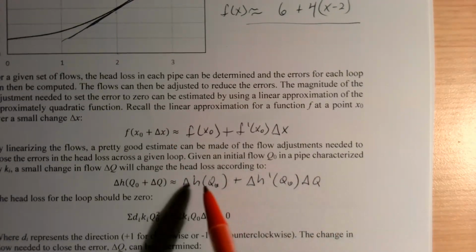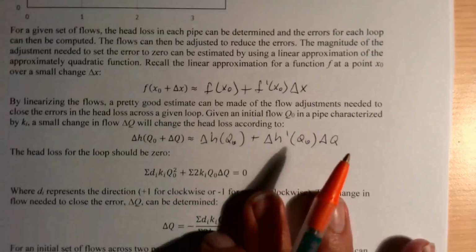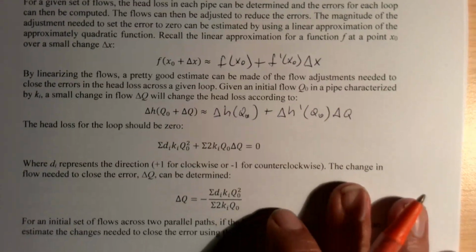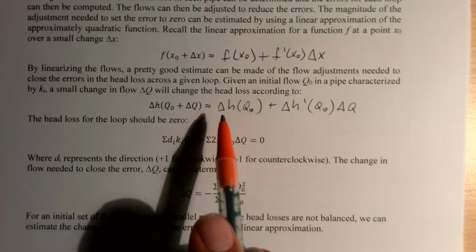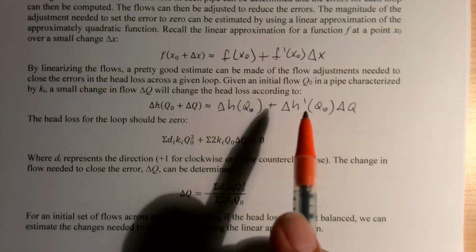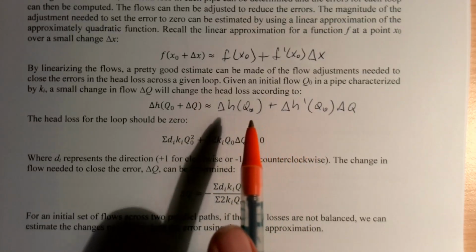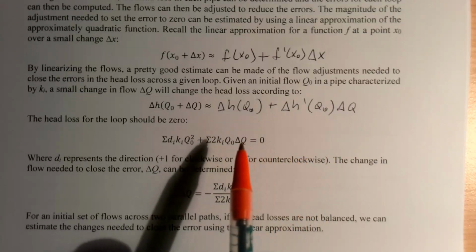Okay? And then remember, we have our formula here for delta H, which is equal to K times Q squared. Okay, so we can come up with this approximation.